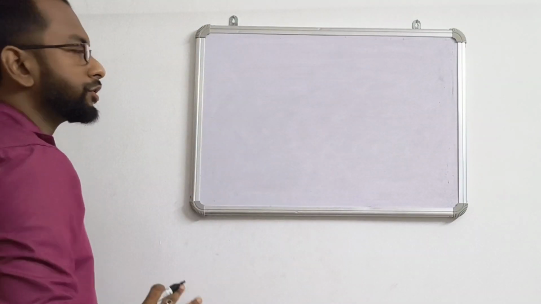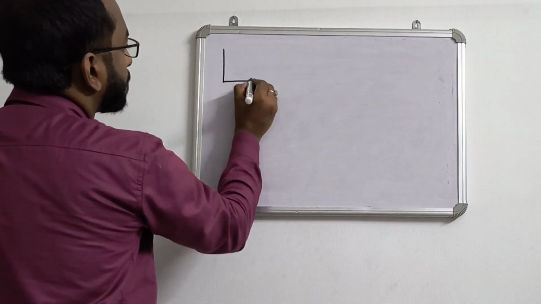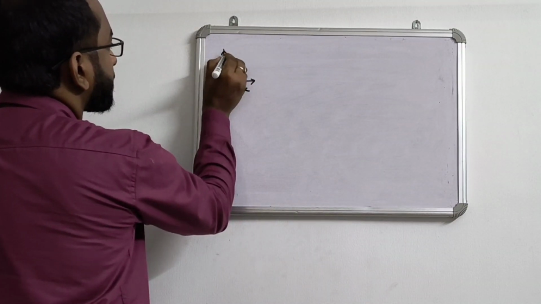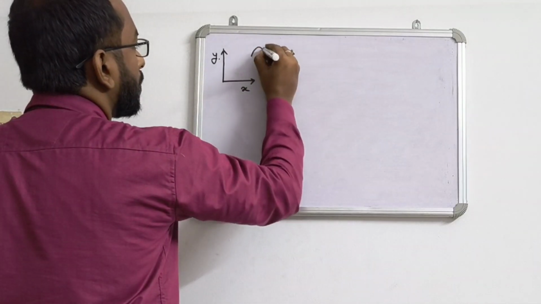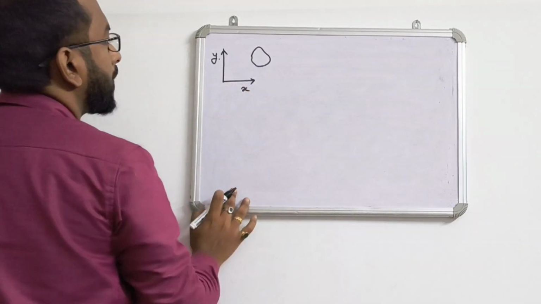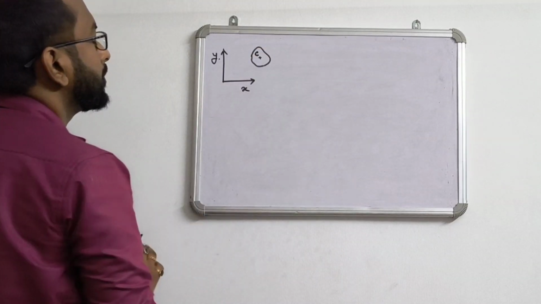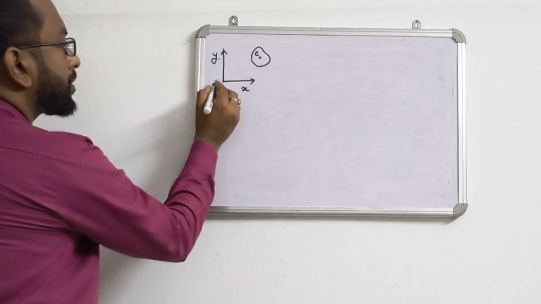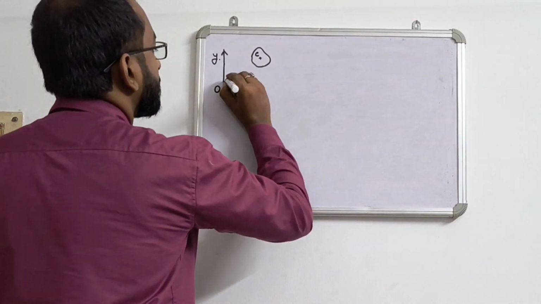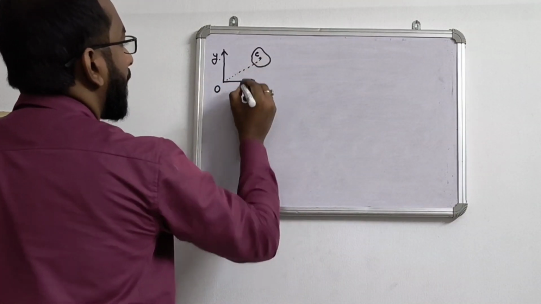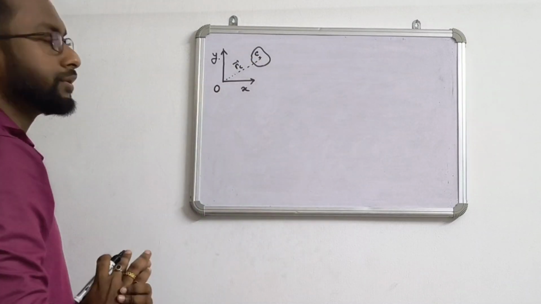One more interesting concept. Now let's suppose this is the x and y axis. One distributed mass body is like this. Its center of mass lies here, we will write C. Now with respect to this coordinate origin, the center of mass is lying at distance R_C vector from the origin.